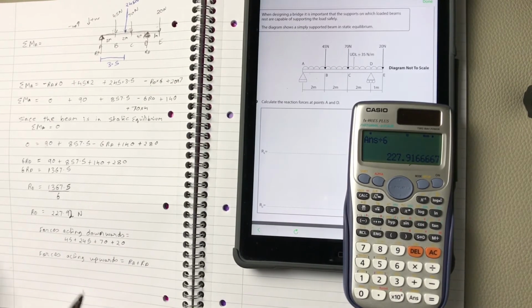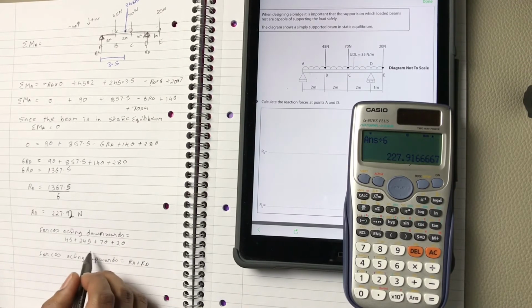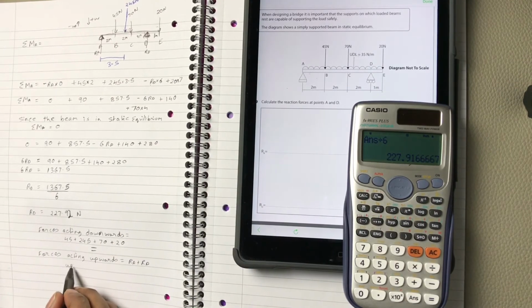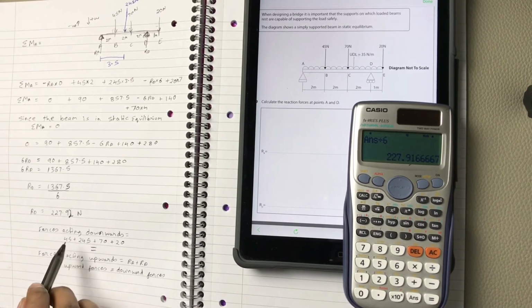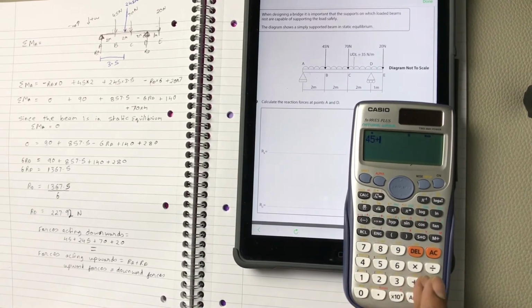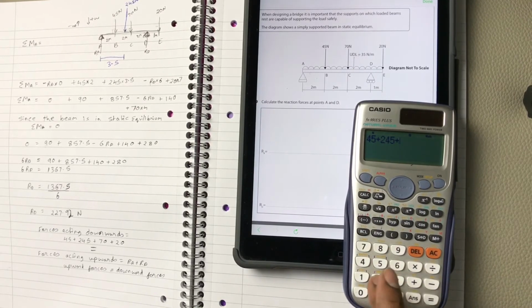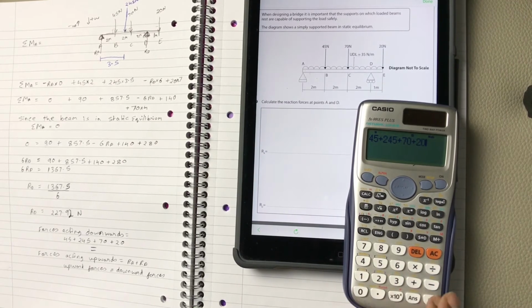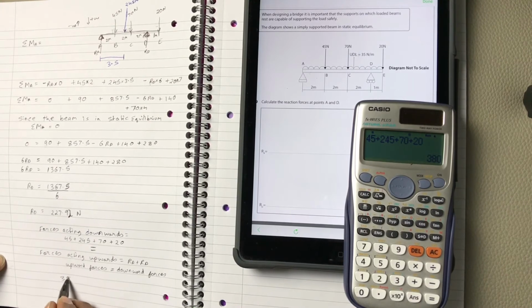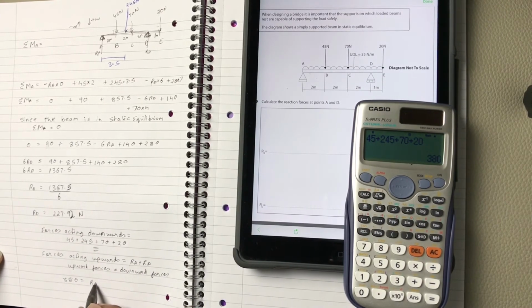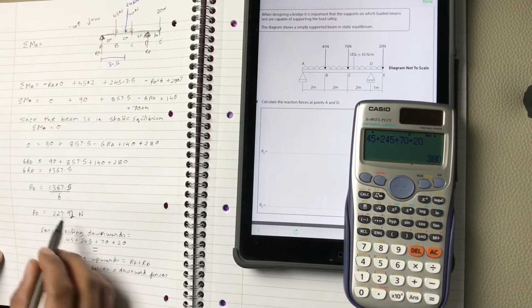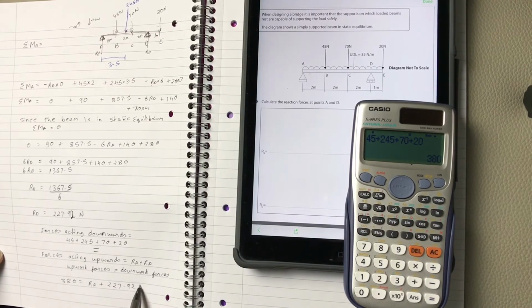Now since both of these are equal, that is upward forces equals downward forces, 45 plus 245 plus 70 plus 20 will be equal to 380, which will be equal to RA plus RD, and we know RD is 227.92 Newton.